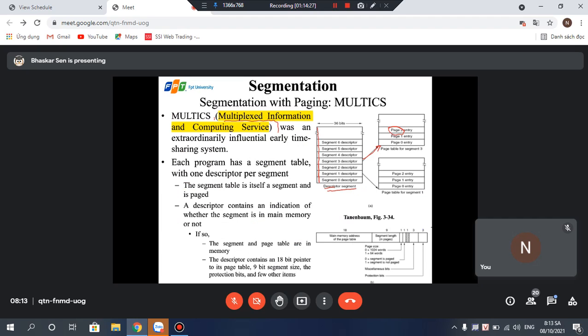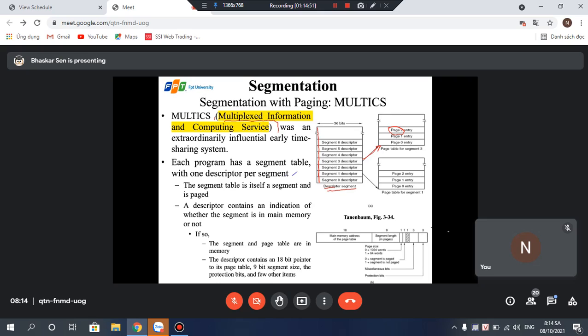Finally, we talk about Multics. Multiplexed Information and Computer Service was very popular in early days, and we call them Multics. Extraordinarily influential early time sharing systems. So each program has a segment table with one descriptor per segment.